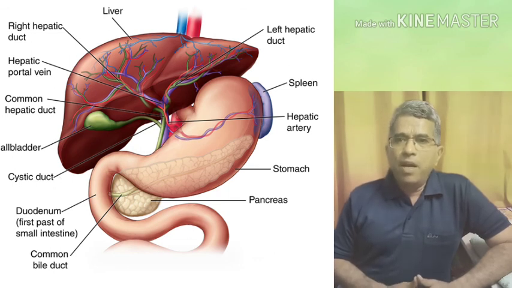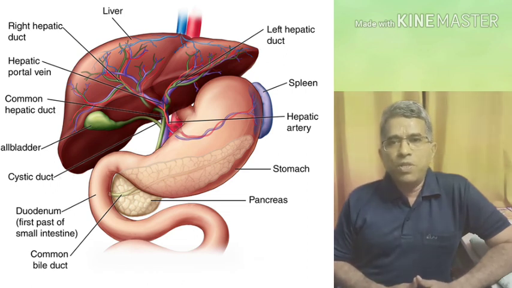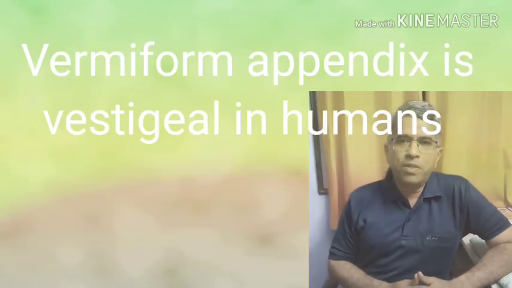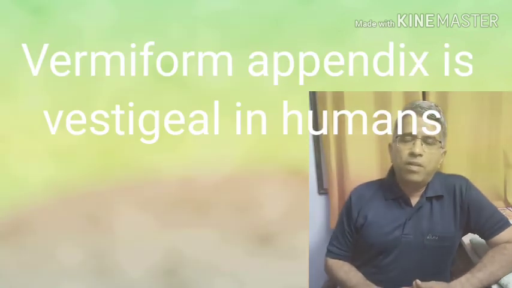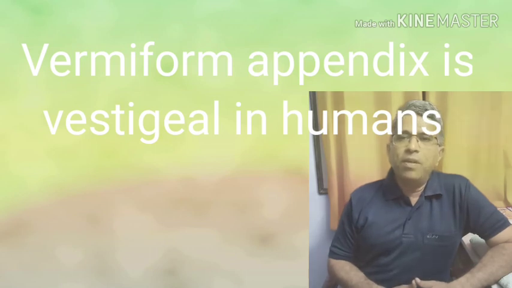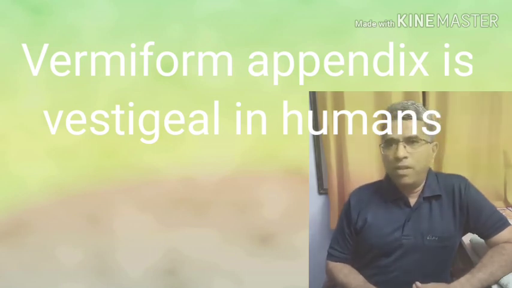And this cecum ends as vermiform appendix, which is a vestigial organ in human being, and it is functional in other herbivorous mammals. Sometimes in case of human being, no doubt it is vestigial, it doesn't perform any function, but sometimes it is infected and it results in appendicitis.